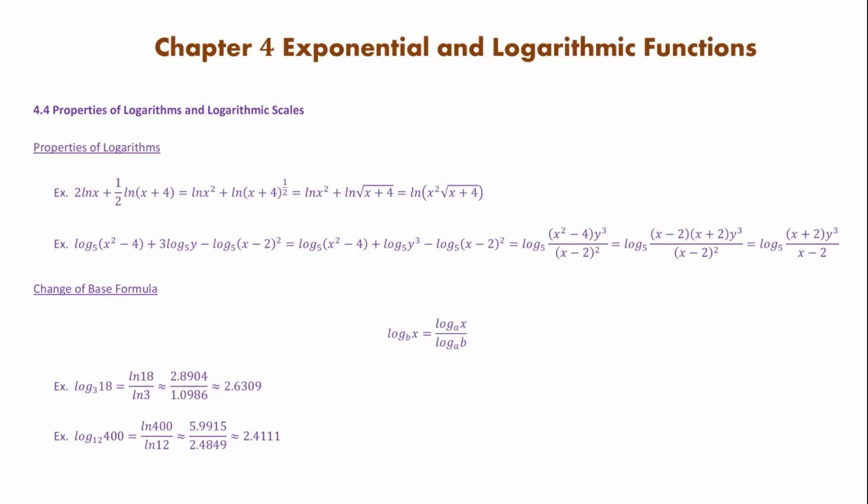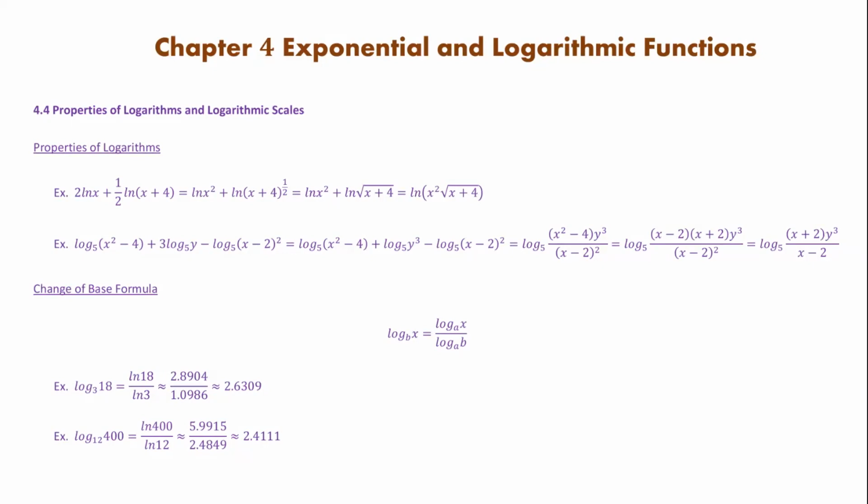So, for example, we can pull back the 2 in the front into the exponent of x to get x squared. So it becomes ln x squared, if you use property 3 of the previous page backward.